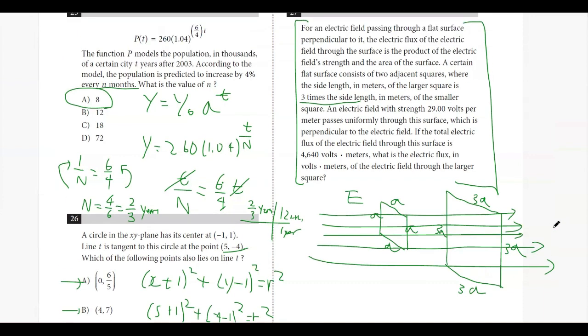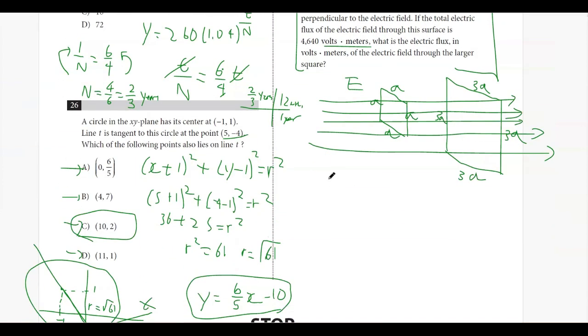You're definitely not going to have to know this formula, but the reason why the question says the total electric flux of the electric field through the surface is 4,640 volts meters, is that this unit, volts meters, comes from the formula phi is equal to E dot dA.